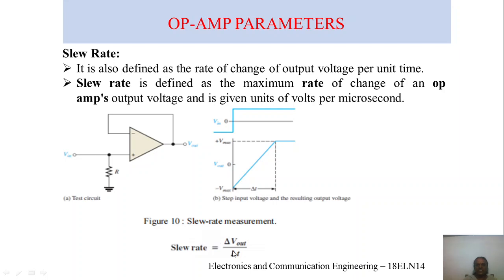So capital S, or SR, is equal to del V out divided by del T. Ideally the slew rate should be as high as possible. We have seen it last time, but the typical value of the slew rate S is 0.7 volt per microsecond.